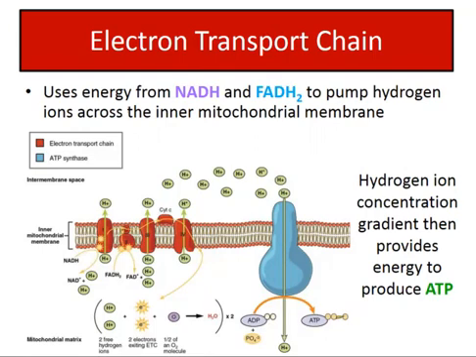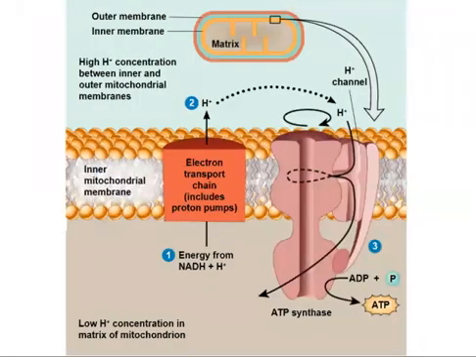That generates a hydrogen ion concentration gradient that allows hydrogen ions to flow down the gradient back into the mitochondrial matrix through ATP synthase. As these hydrogen ions flow through here, they provide energy that allows ATP to be produced. So this is just a summary of what we just saw in the last slide.